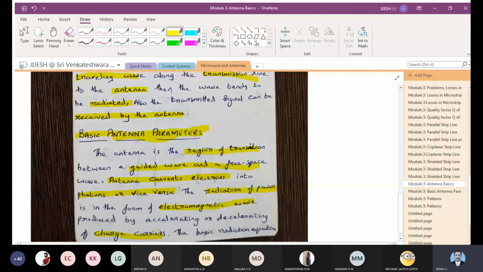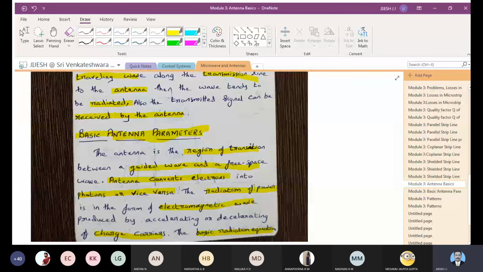So we'll have a basic radiation equation for that, which will be with respect to charge and current and all those things. We'll see the basic radiation equation further. Here what you have to understand is the antenna is the region of transition between the guided wave and the free space wave, and the radiation of power is in the form of electromagnetic waves, produced by accelerating and decelerating the charge carrier.